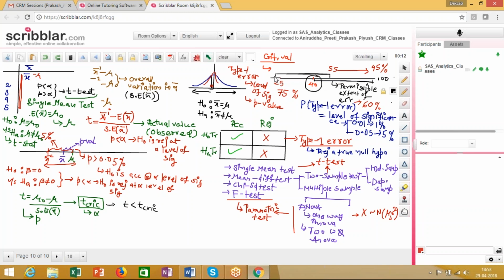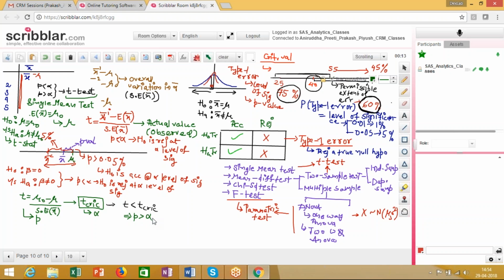So when the student got 25 over here, the actual error he committed was 75%, but the maximum permissible error was 60%. So what we saw over there was that when T is less than T critical, then it vis-a-vis would imply that the P value is greater than the alpha.